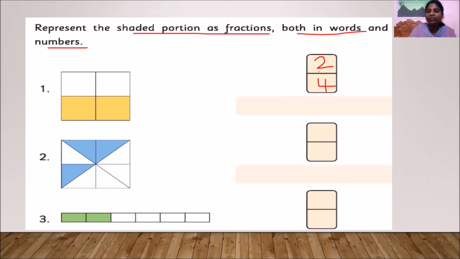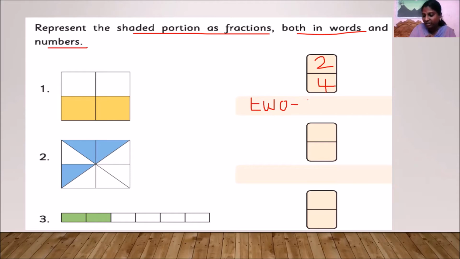Very good, children. Now we wrote it in numbers. Next we have to write in words. It can be read as 2/4. It can be written as two. What is the spelling for 2? T-W-O. 2. You have to write one hyphen.